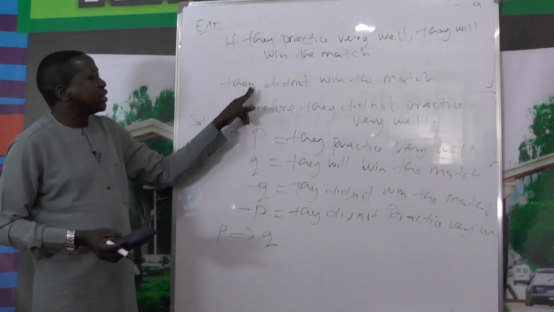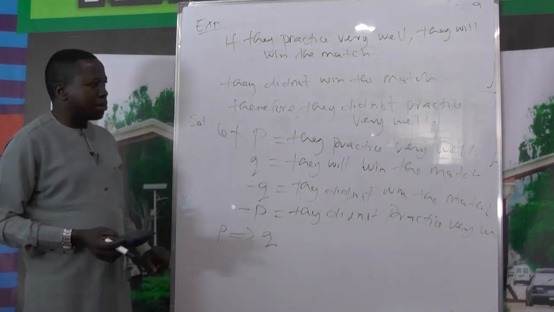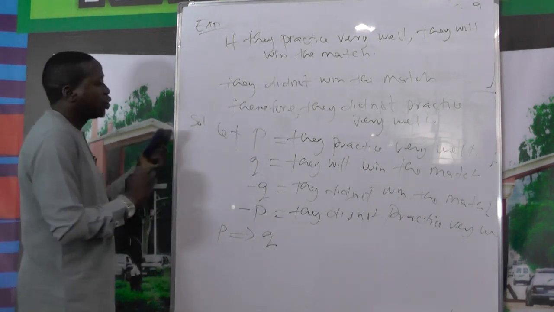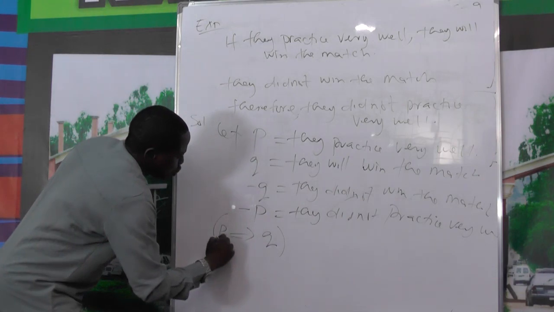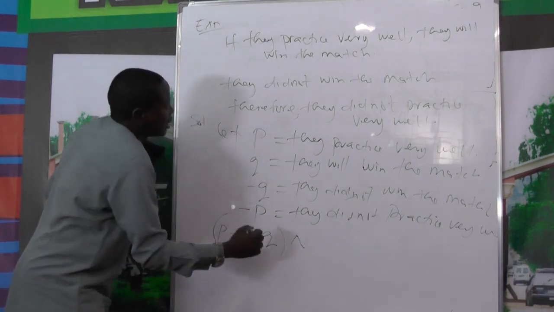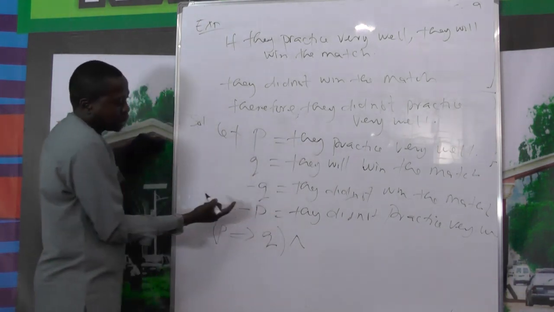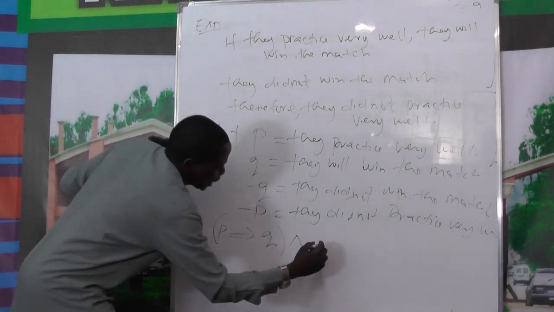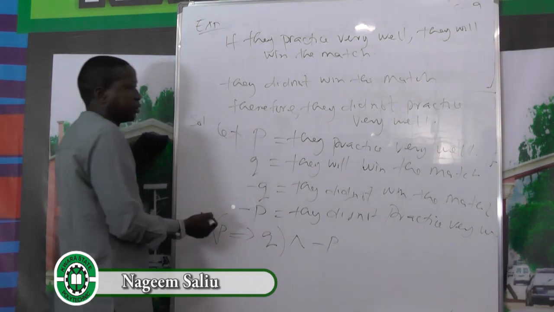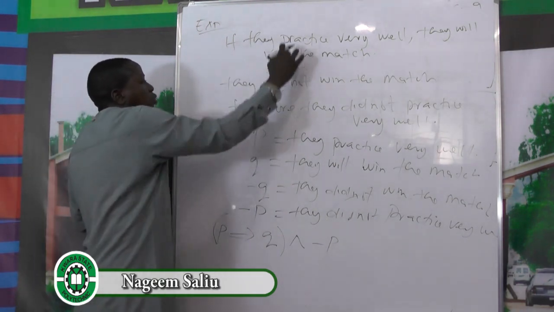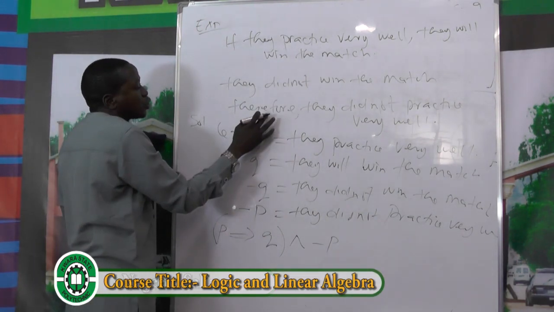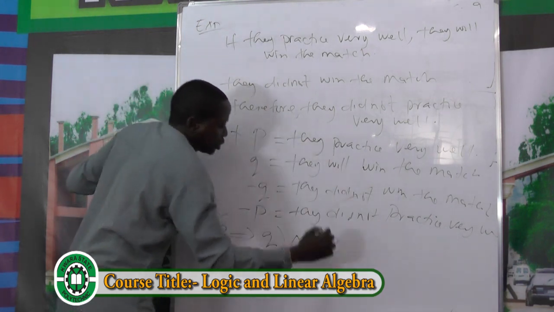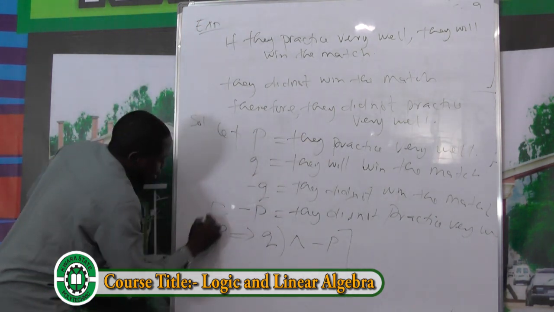This one, they did not win the match. You will now use and to connect them: and they did not win the match. What is the symbol of that? Minus Q. These two things now lead to what we call the conclusion. So you now bracket them like this.